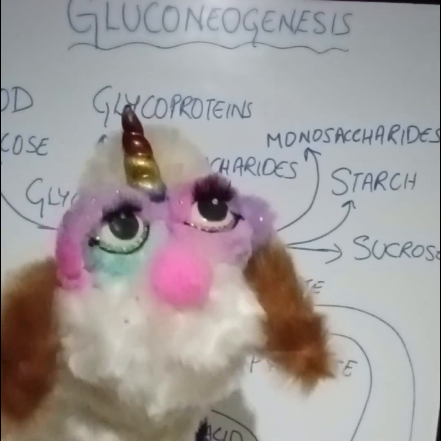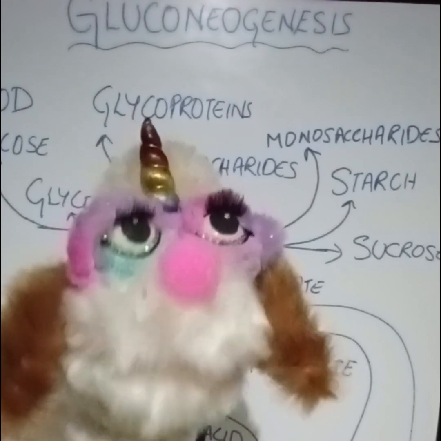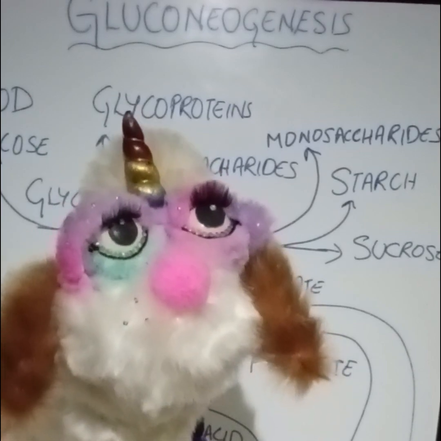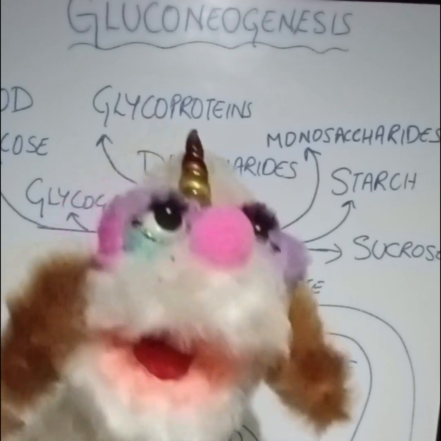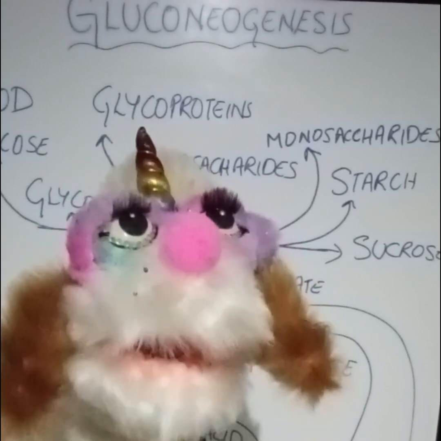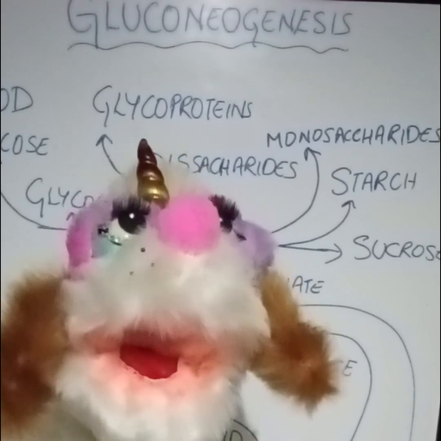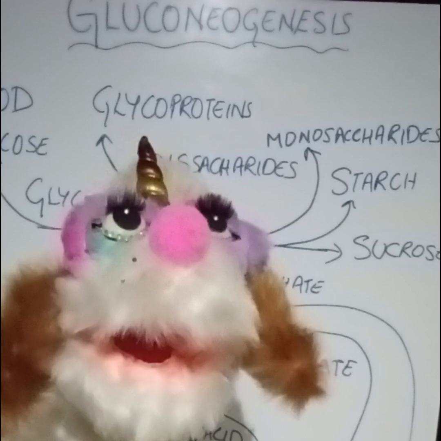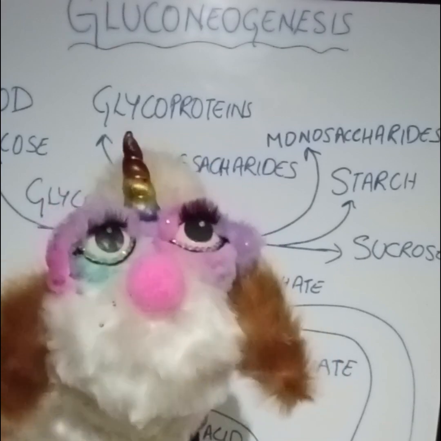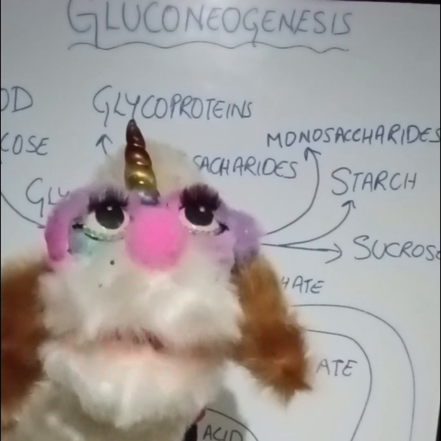Gluconeogenesis occurs in all animals, plants, fungi, and microorganisms. The most important precursors of glucose in animals are 3 carbon compounds such as lactate, pyruvate, glycerol, and certain amino acids. Let's go through this interesting pathway.